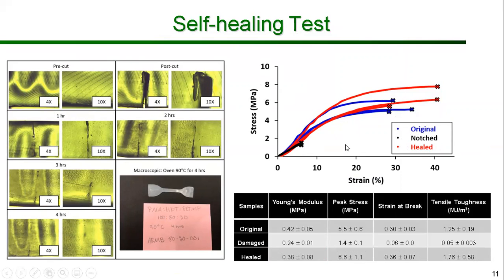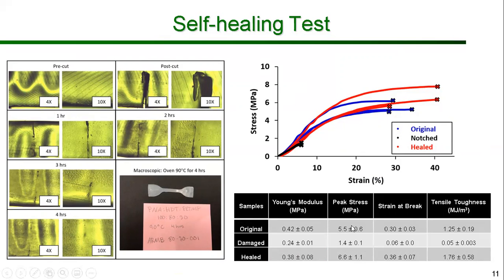And then the black lines are the notched material, where you can see there are variances in the tensile results, but that is expected because we're having different materials being placed in different locations, and you have to tighten each one. So there are variances just from mechanical and operational error.